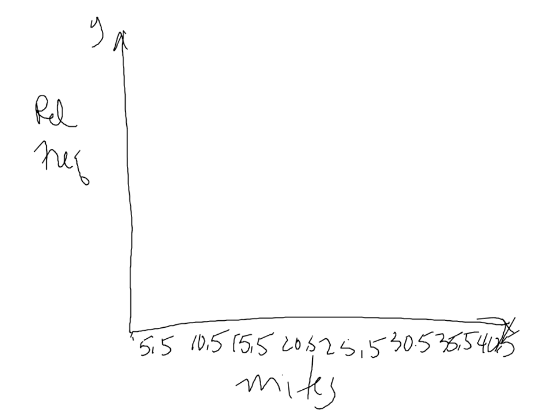Now, notice that our highest relative frequency was 0.25. That was for the class boundaries of 20.5 to 25.5. So 0.25. This is for the histogram, for runner's miles.